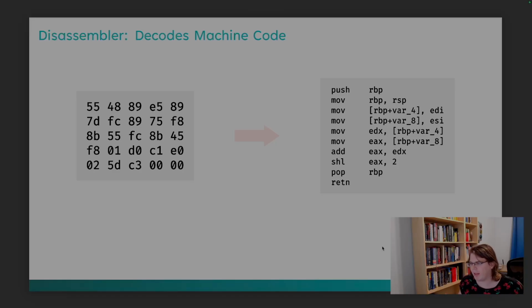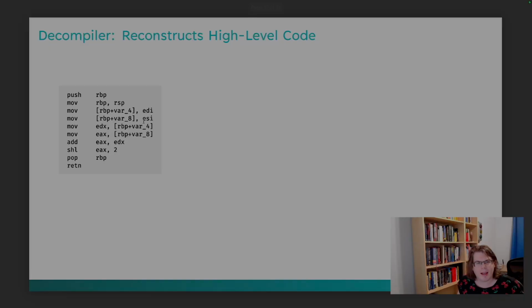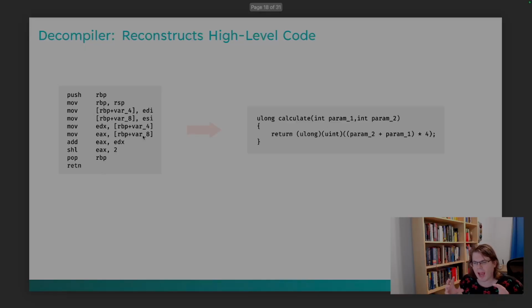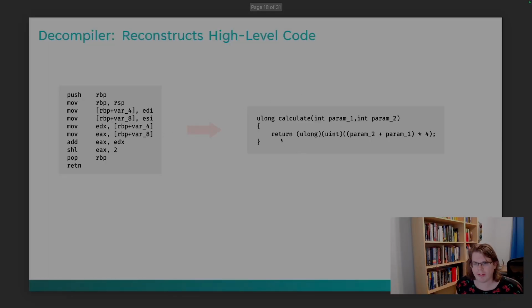Based on that, a reverse engineer can analyze the code and reconstruct the high-level code, or even better, take a decompiler, which takes assembly code as input and reconstructs the high-level code like the C code.